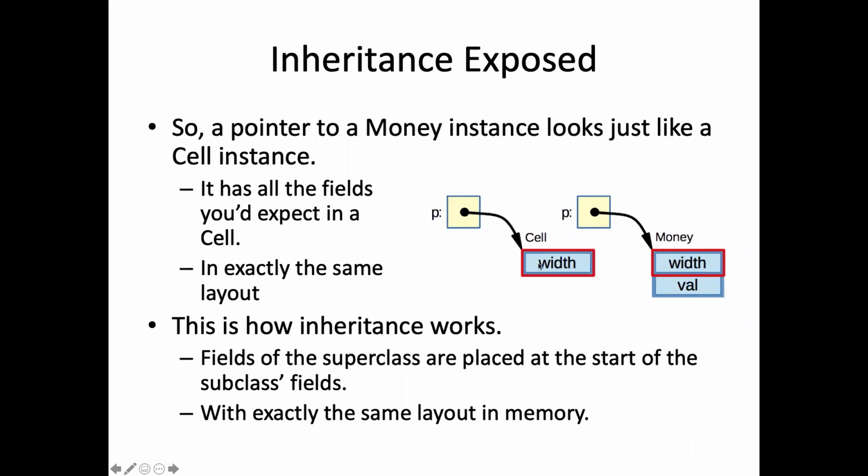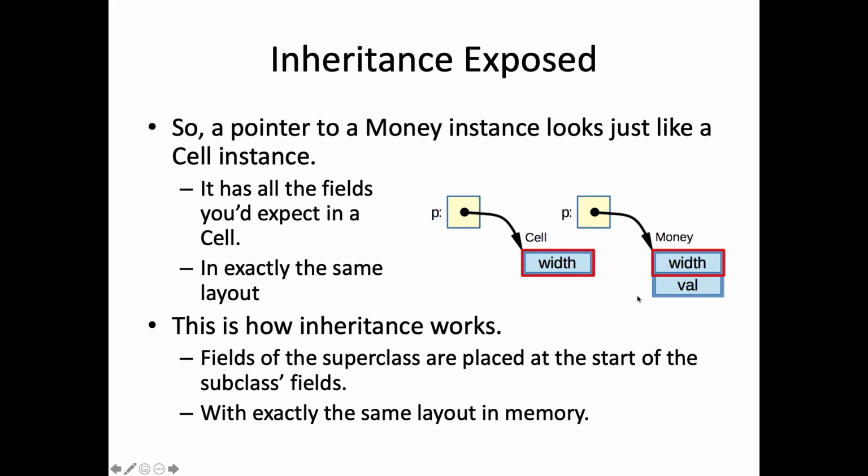Well, if we are careful and we lay out money so it's organized the same way in memory, then if you had a pointer to a money instance and you dereferenced it, you'd find exactly what you'd expect. You'd find a width field right there at the start of the money object in memory. Maybe there's some other stuff after it. But if you were only counting on having the stuff that the superclass had, only the width field, then you'd never go look at that stuff anyway.